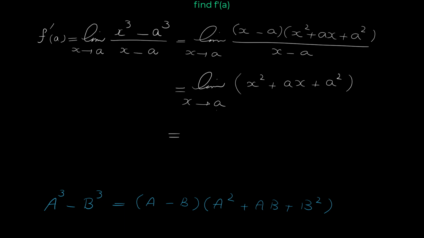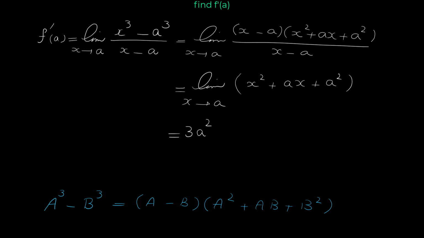Now if we plug in a here and here for x, we have a to the power of 2 plus a times a is a to the 2 again. So we have a to the 2 plus a to the 2 plus a to the 2. It would be 3a to the power of 2.